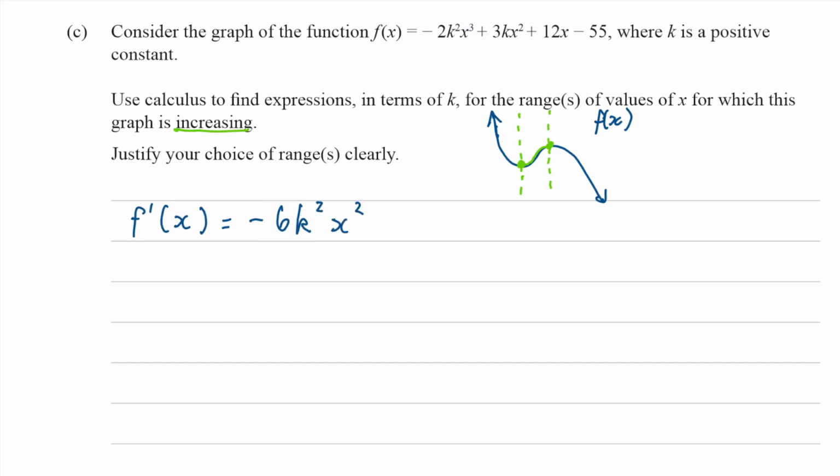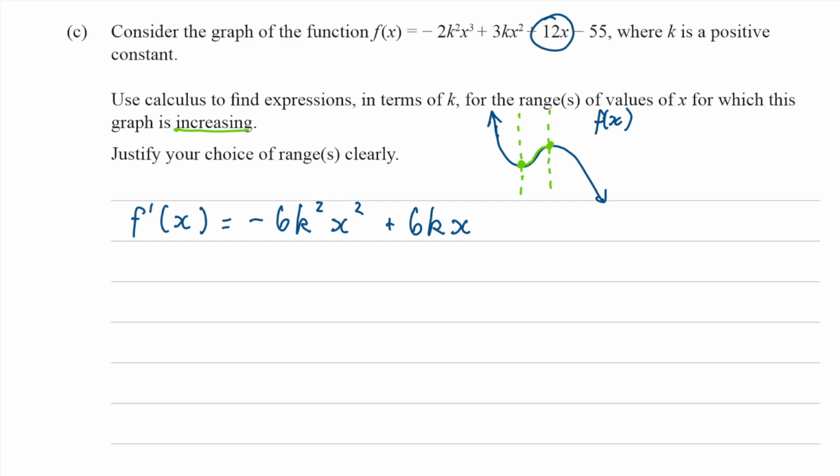So 3 becomes 2. Next term, power of 2, multiply out the front. So that's plus 6. Again, k is just a constant, so that stays as is. And x to the power of 1, because 2 minus 1 gives 1.